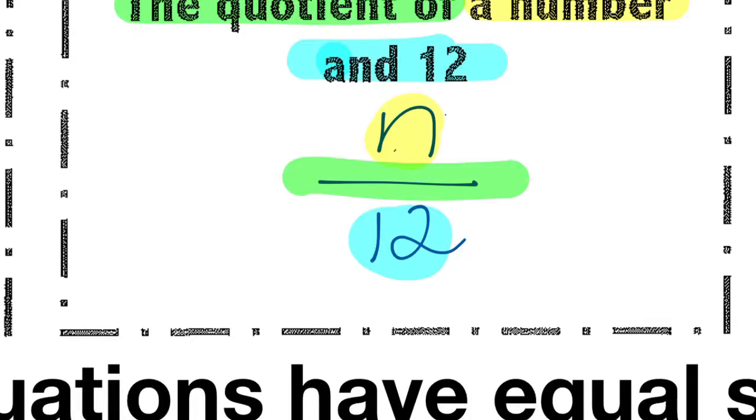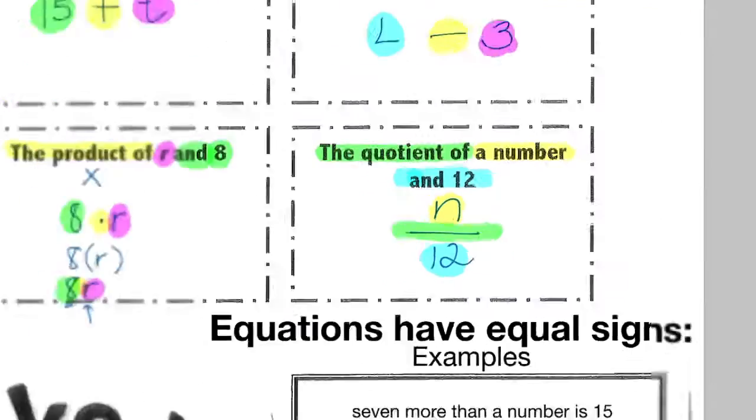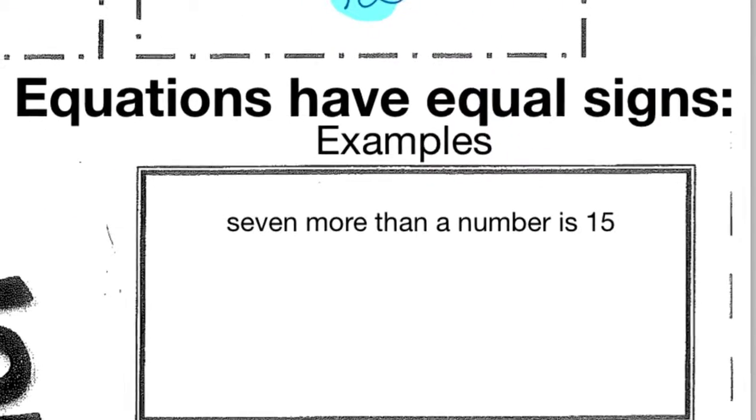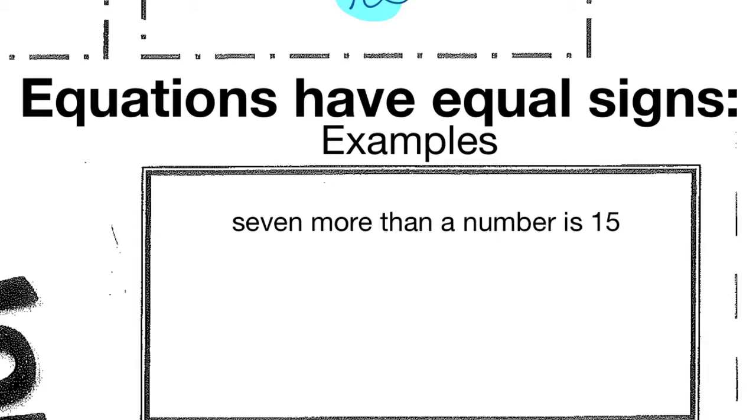The quotient of a number and 12. Those are, like I said, 4 examples of just making expressions.